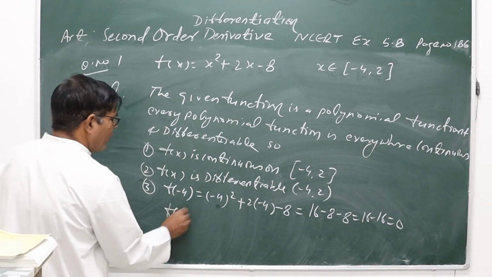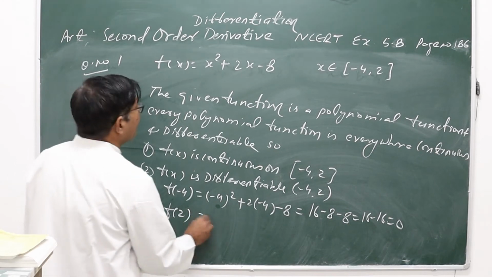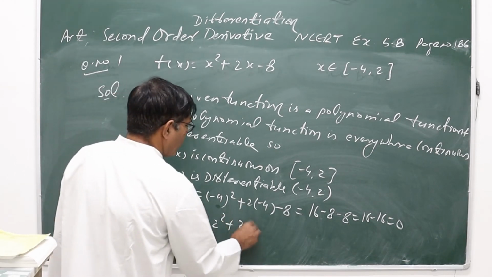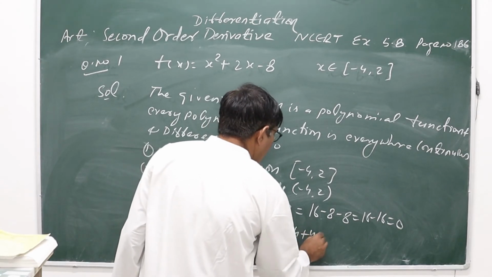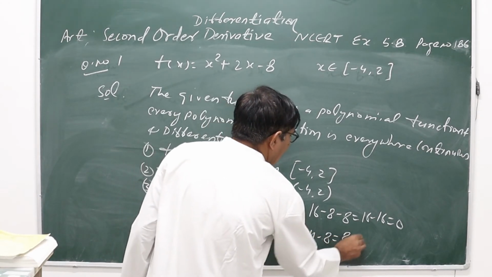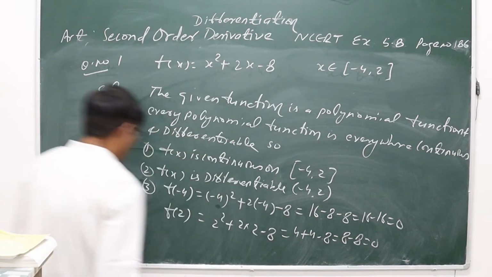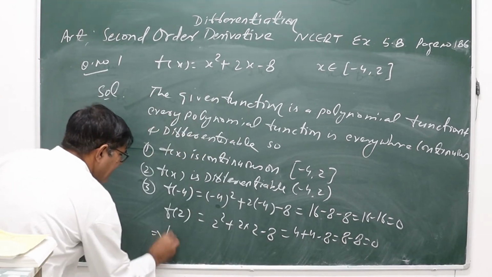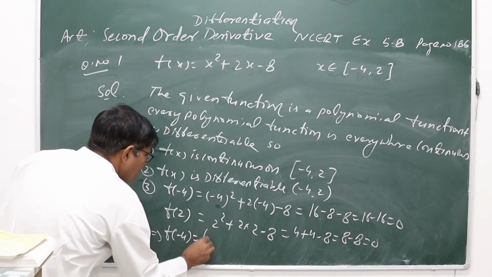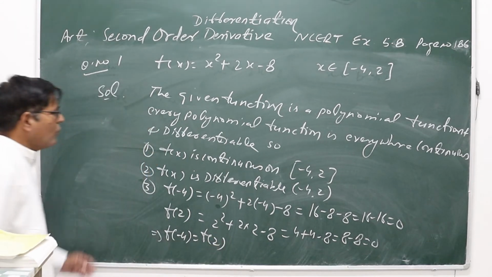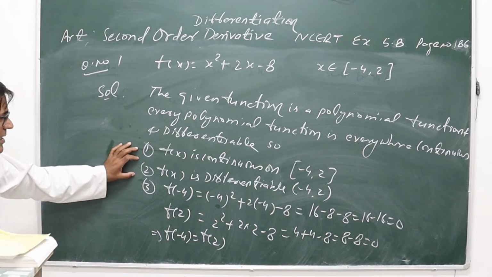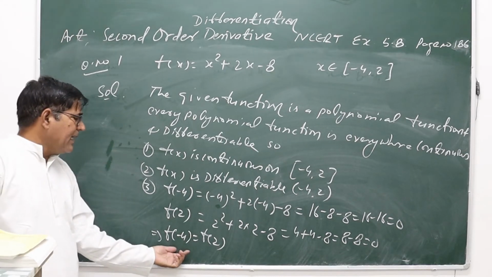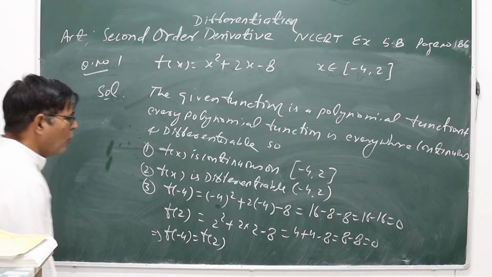Then f(2) at the endpoint is 2² + 2·2 − 8, that is 4 + 4 − 8 = 0. So f(−4) = f(2).